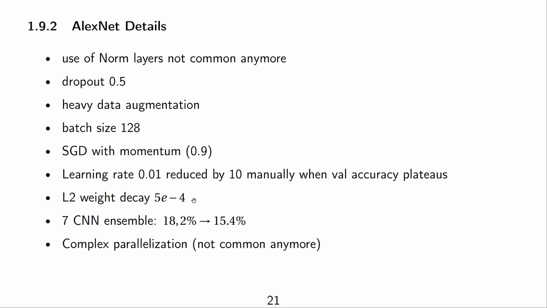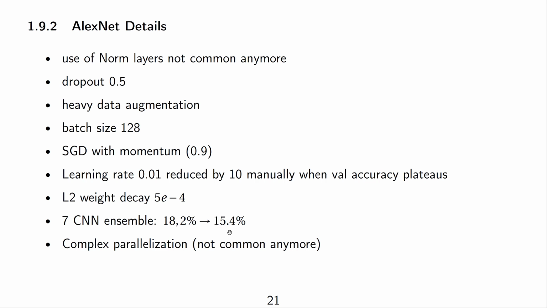The authors used weight decay as regularizer with a parameter 5e minus 4, and one thing the authors also used back then was already ensembling. 7 CNNs in an ensemble helped to improve performance from 18.2 to 15.4.